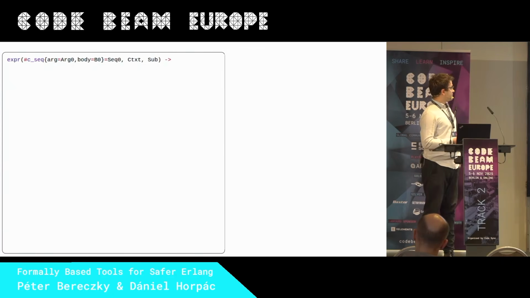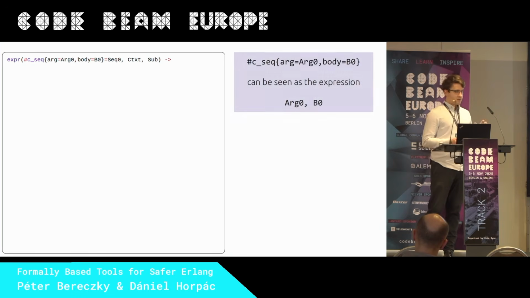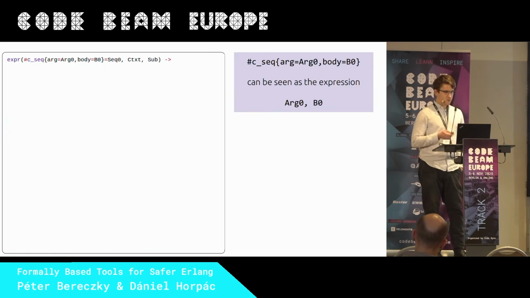So first of all, in the list of parameters, you have a Cseq. That's also what is called a do expression in Core Erlang. It's basically evaluating two expressions in sequence. It would be an Erlang alternative to just separating the two expressions with a comma. So this is the expression you want to optimize.